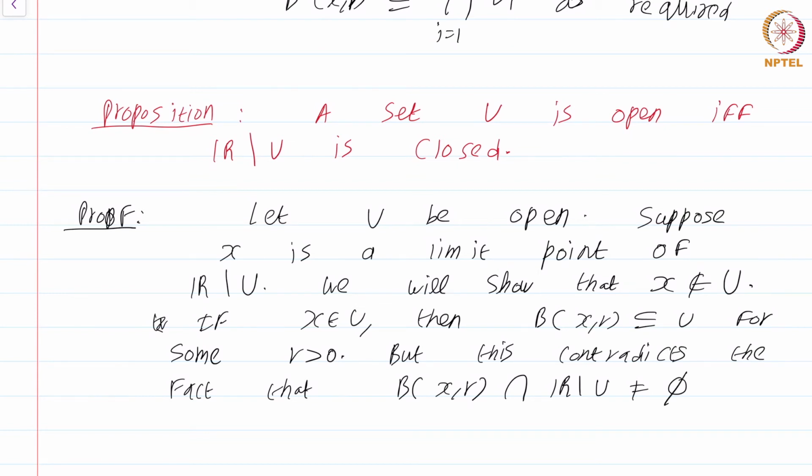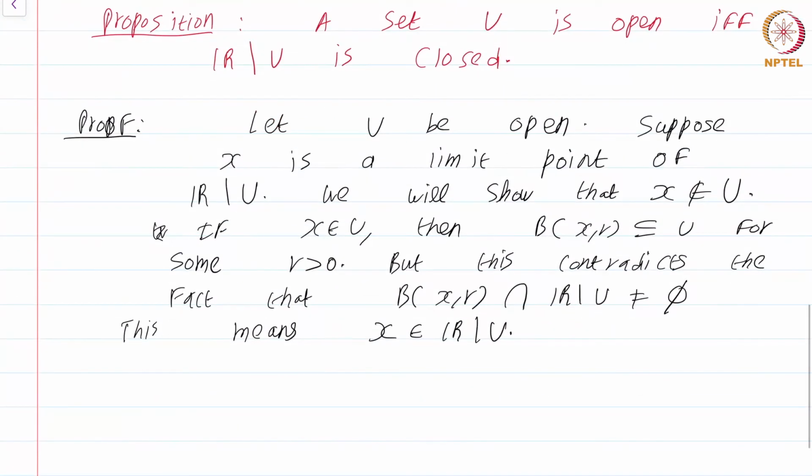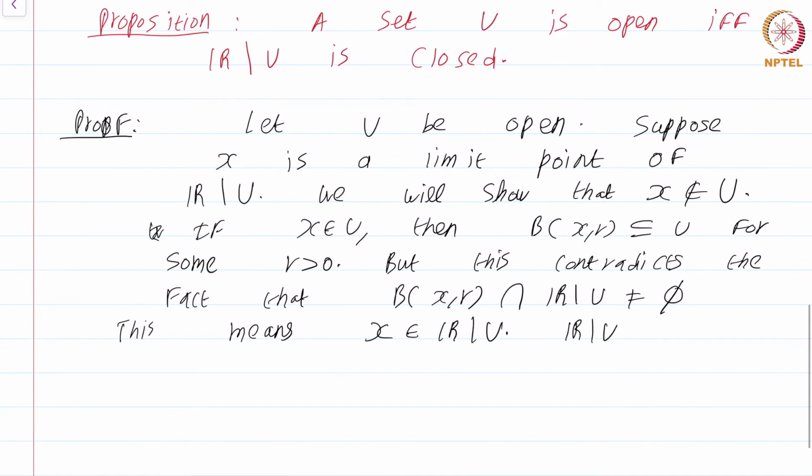Because X is an adherent point, it's in fact a limit point, B(X, r) intersect R minus U must be non-empty for all choices of r, but we have found an r for which B(X, r) is contained in U. Okay, so this means X is an element of R minus U, no choice. So what we have shown is R minus U contains all its limit points, and we are done.